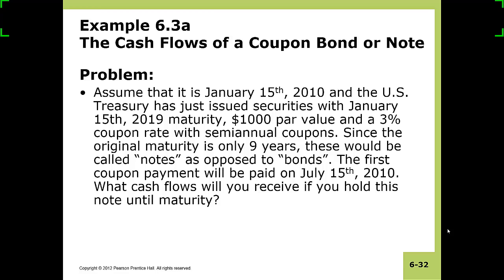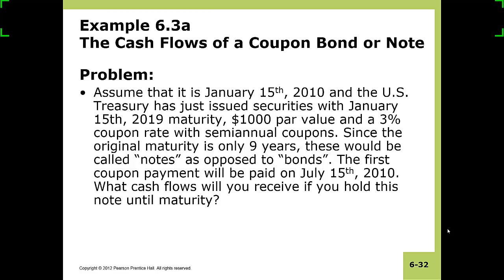All right, so here's a different one. Assume it's January 15, 2010. The U.S. Treasury has just issued securities maturing January 15, 2019. So it looks like it's a 9-year maturity. $1,000 par value, 3% coupon rate, semi-annual. The original maturity is only 9 years, so these are called notes. The first coupon payment will be paid July 15, 2010. It's 6 months. So what cash flows would you receive if you hold the note to maturity?